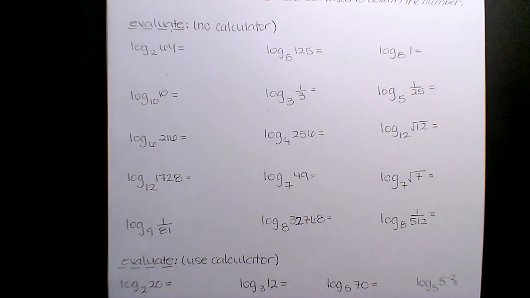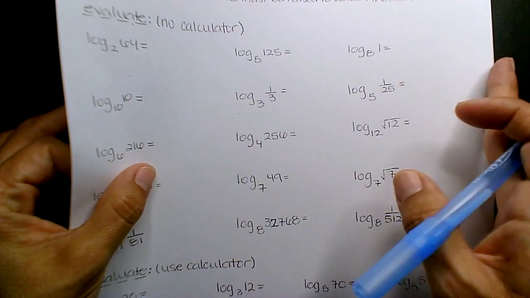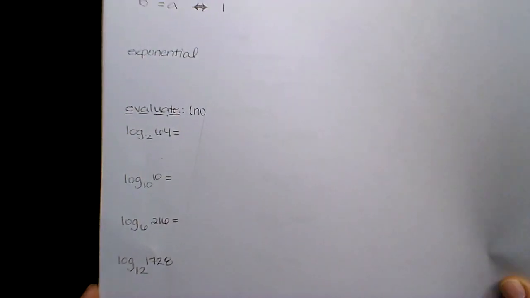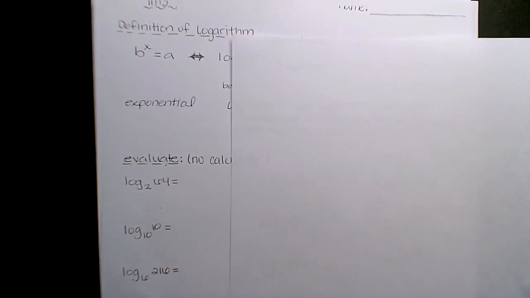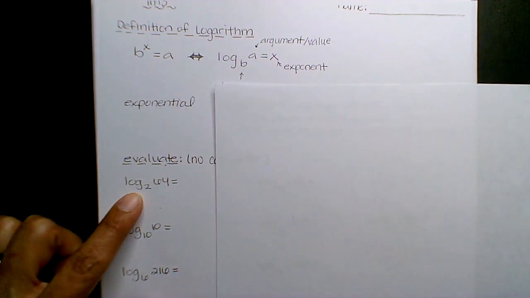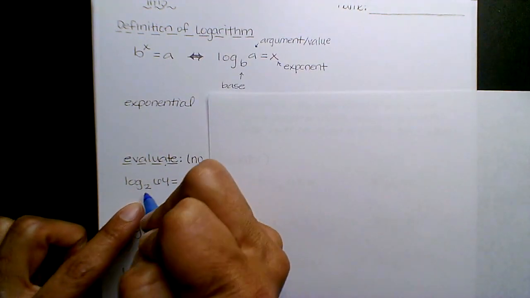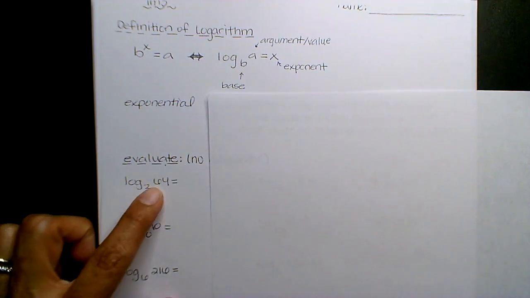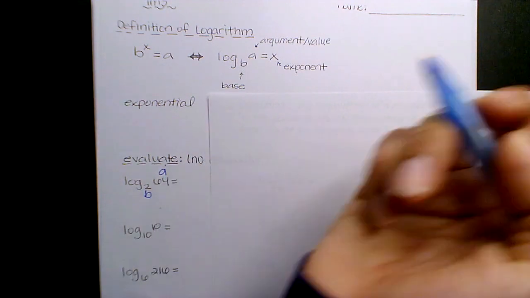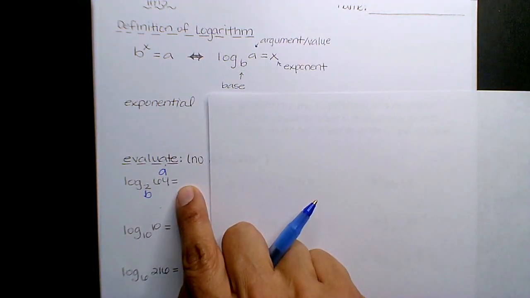So if I get a sheet of paper, we're going to rewrite, and you're going to try to get multiples. So this is my log base 2, that's my b. 64 is my argument or my value, that's your a. And I'm looking for x.